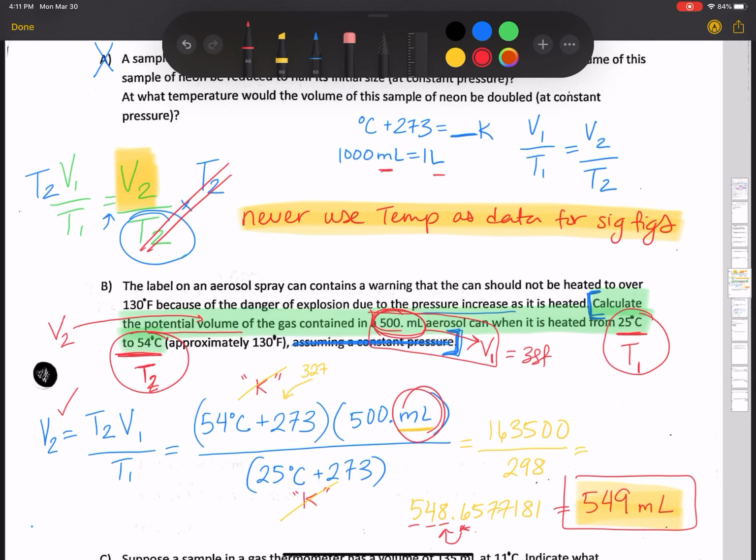Gas laws must be plugged in as Kelvin. These are how the formulas originated. So when you're using Celsius, it wasn't part of the math involved to create these formulas. So that's why we're never using temperature as data for sig figs. So hopefully you're comfortable with this part and you're understanding why we're getting the 3 sig figs. 549 milliliters is your final answer for question B.